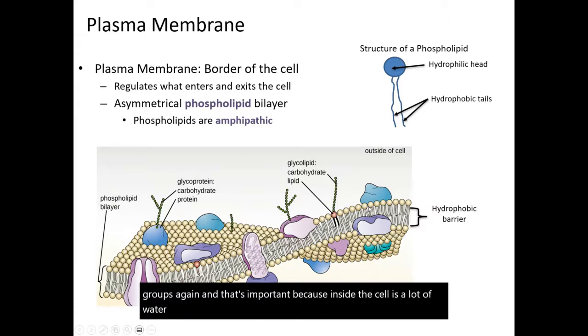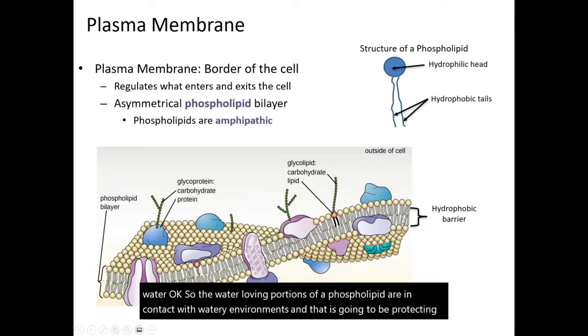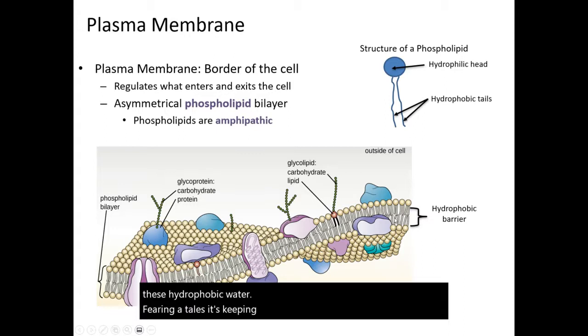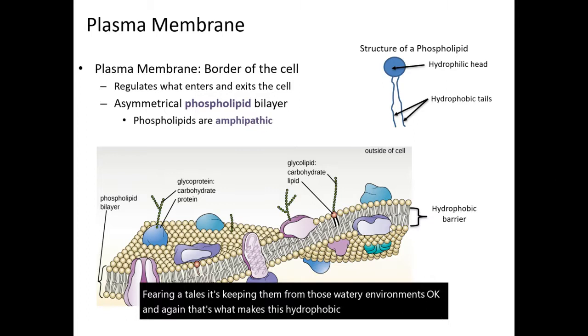The water-loving portions of a phospholipid are in contact with watery environments, and that is protecting these hydrophobic, water-fearing tails, keeping them from those watery environments. That's what makes this hydrophobic barrier, which prevents most molecules from just crossing the plasma membrane willy-nilly. That's why the plasma membrane is important in regulating what goes in and out of the cell.